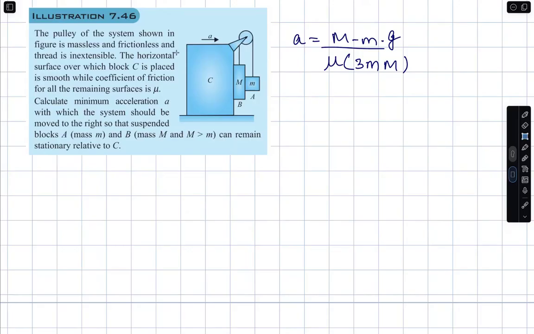Read the question carefully. Every part. Multiple parts.